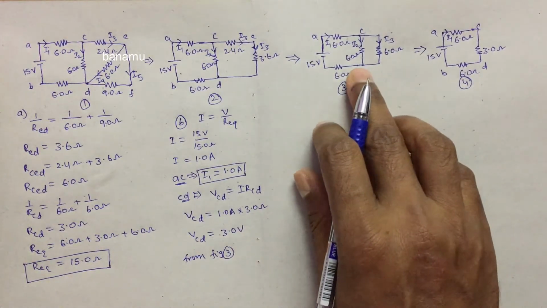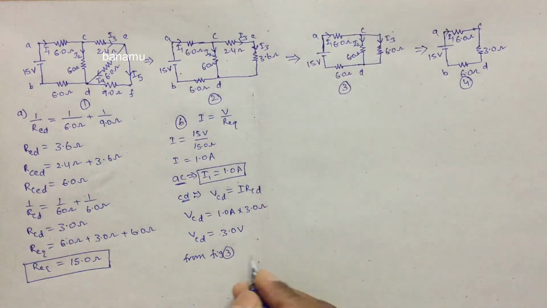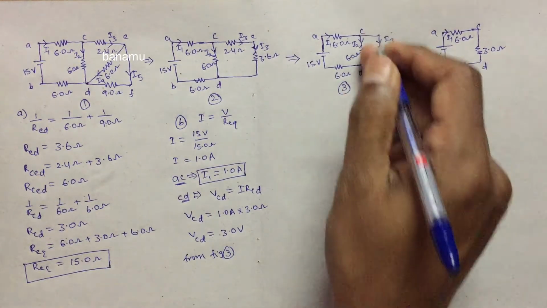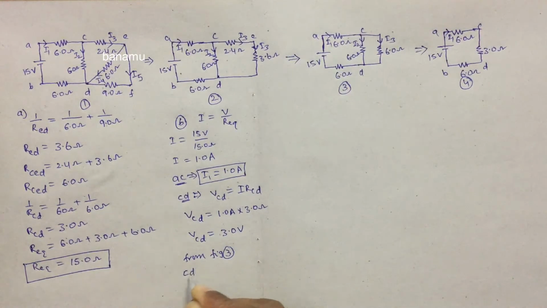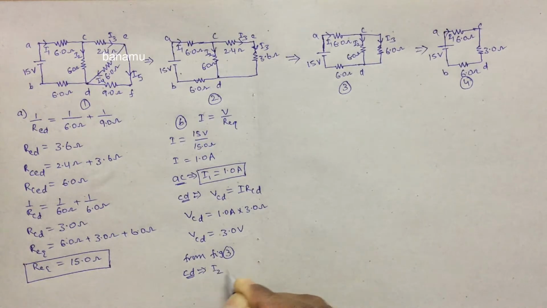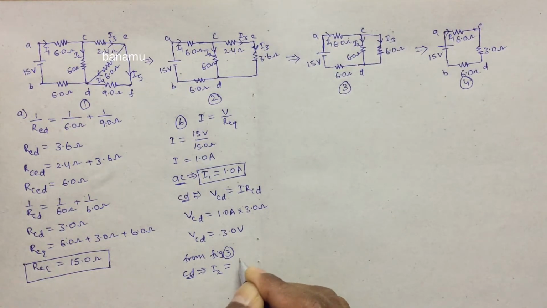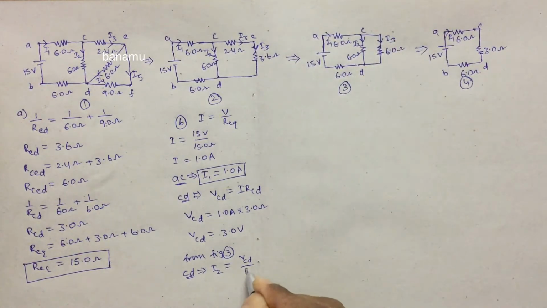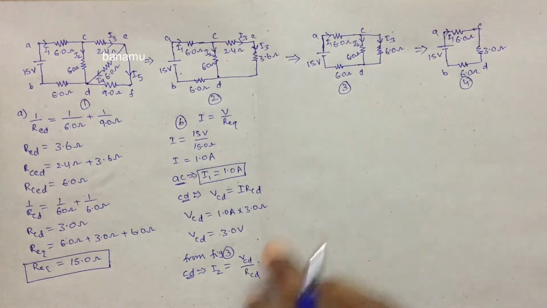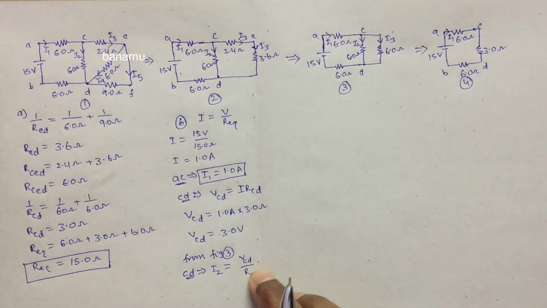So the current through the 6 ohm resistance, I2, is equal to VCD by RCD.